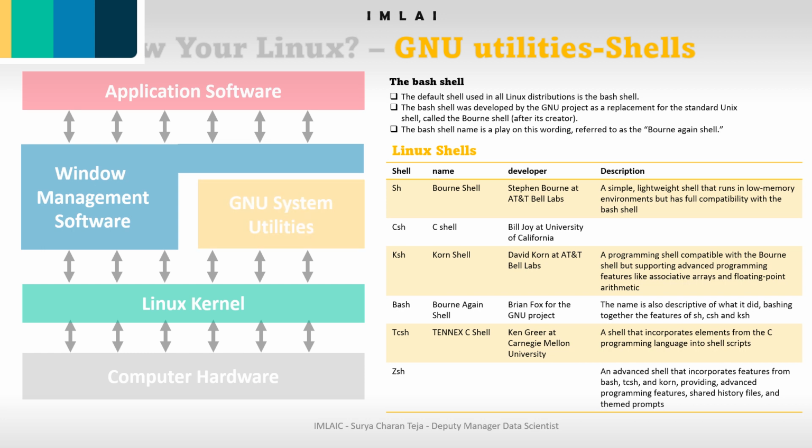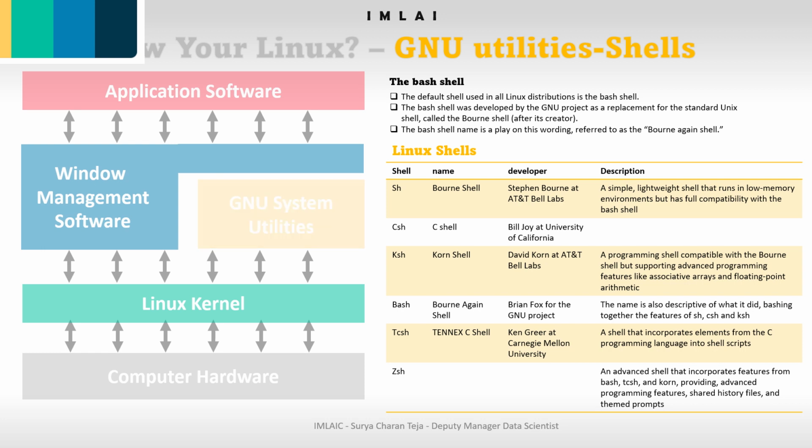Then we have Bash. This is by and large the default shell, widely used by many Linux administrators. We call this shell the Bourne Again shell. It was developed by Brian Fox for the GNU project.